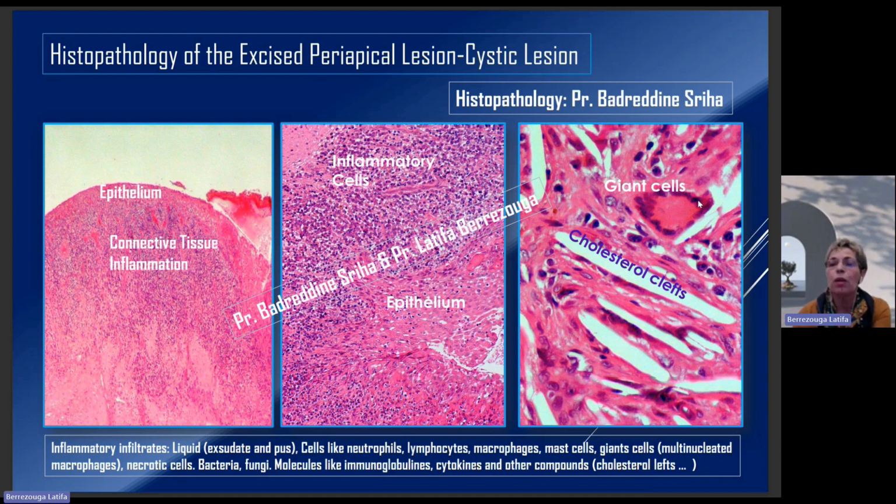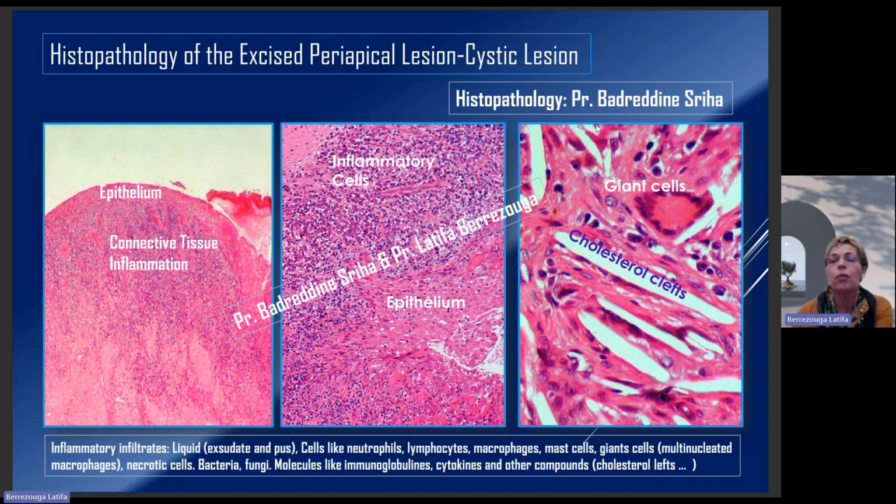You know, macrophages are cells of the immune system that phagocytose foreign bodies and aggressors like bacteria or several types of microorganisms.